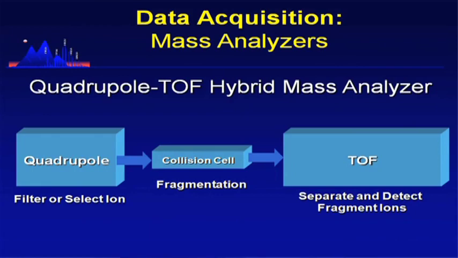We rarely use quadrupoles by themselves. They're really good mass filters, but for reasons I'll go into later, they're not that useful for proteomics, mostly because they're a little bit slow, and also the mass accuracy, which is an important part of our process, is not very good.